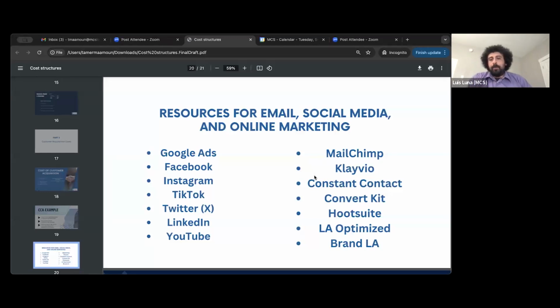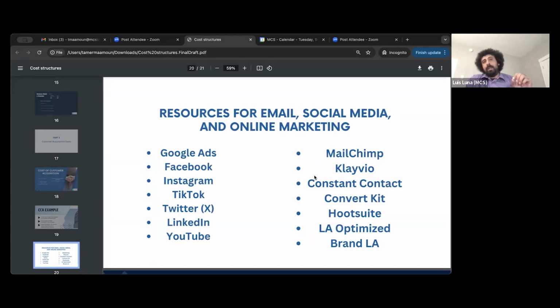And LA Optimize has free resources for online marketing and website building and all that kind of stuff for businesses that were open before COVID.